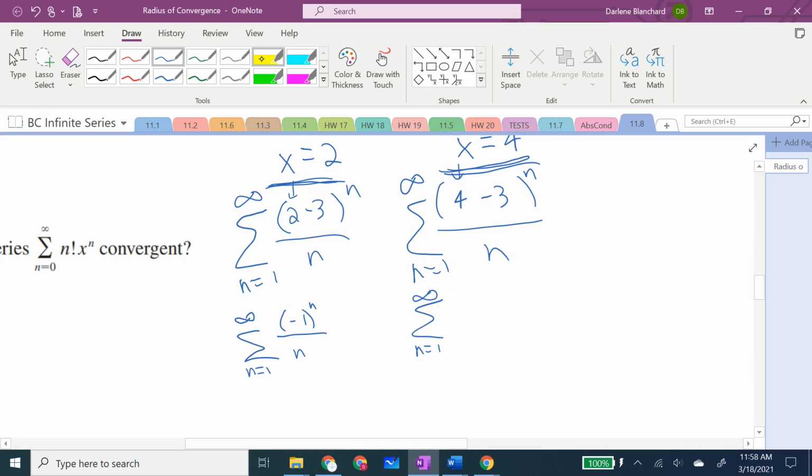Now, 4 minus 3 is positive 1. If you have exactly positive 1 to the power of n, what is it? You guys are ahead here. Yep, 1.